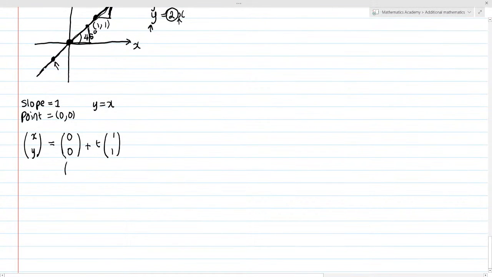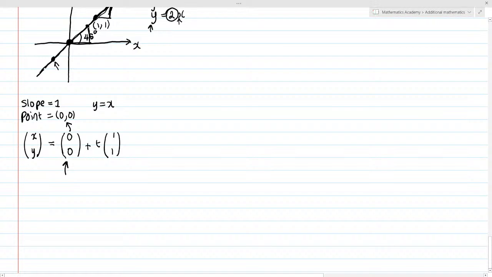Firstly, this 0, 0 part comes from the point that we pass through. We must make sure that we pass through this point, and so we must have it in the equation of the line. Because if we don't pass through this point and we pass through any other point, and we have the same slope, then that will be a problem because it will mean we're on a completely different line.